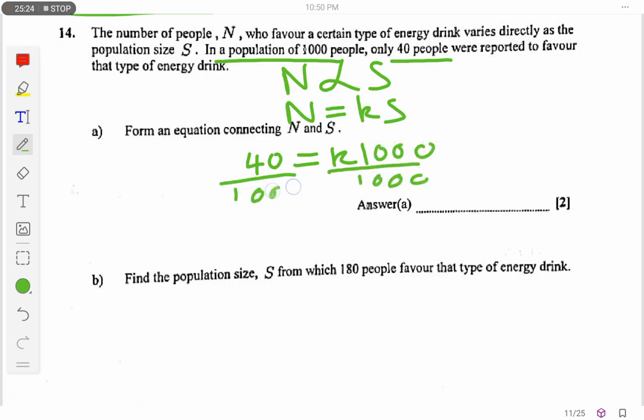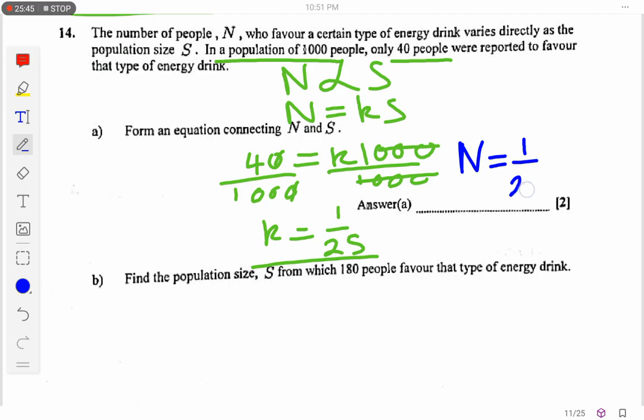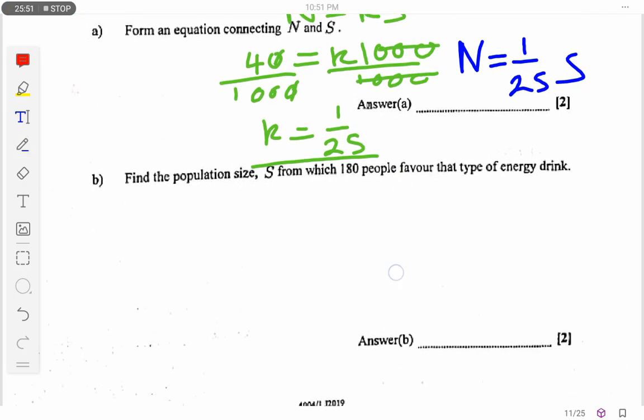So k is equal to 40 over 1000, and if we simplify, k is 1 over 25. The equation that connects them is n equals 1 over 25 s. Okay, that's the equation. Let's move on to the next question.